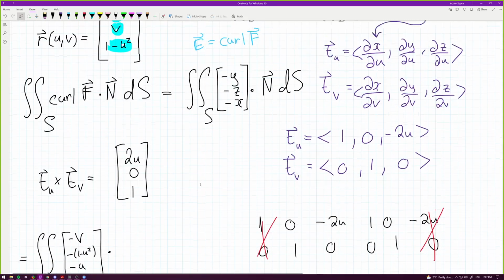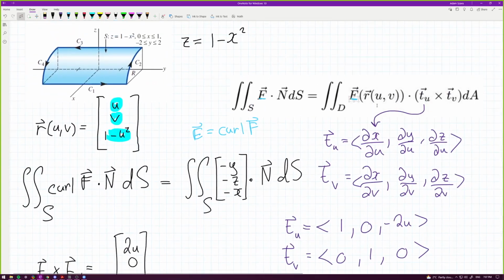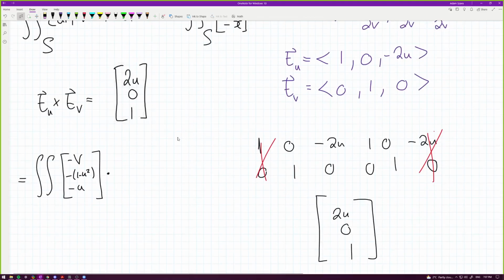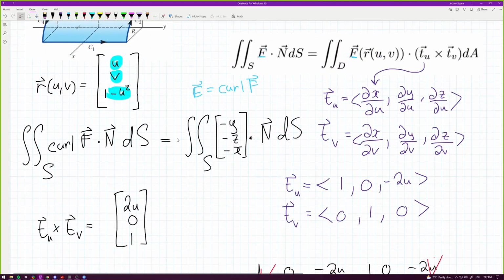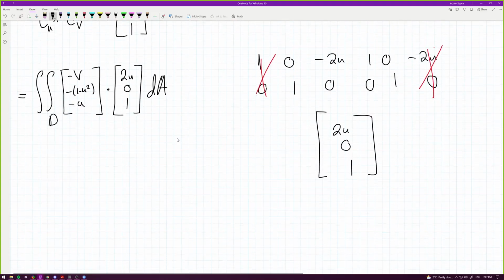Dotted with this vector we just got, 2u, 0, 1, and it is going to just be dA. And A is just the area, so I'll say over S. Sorry, over the parameter space.